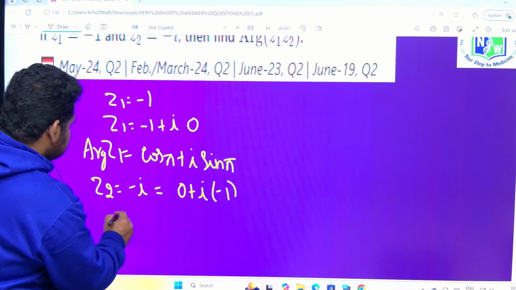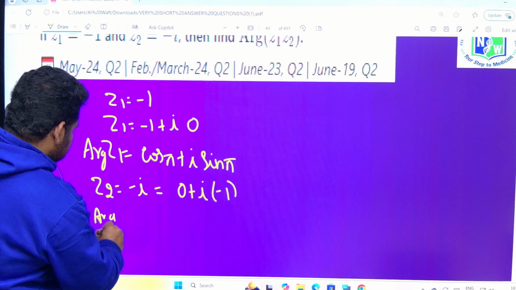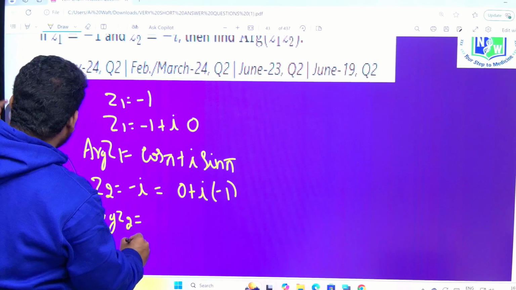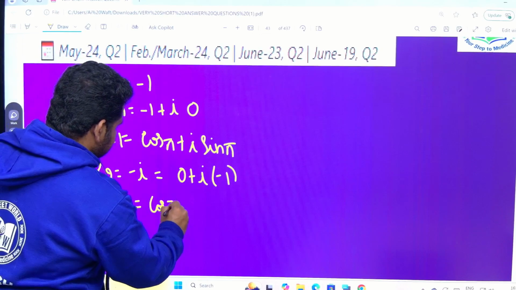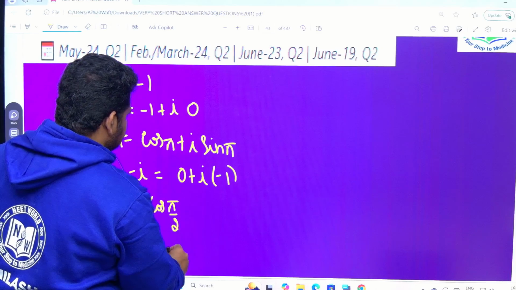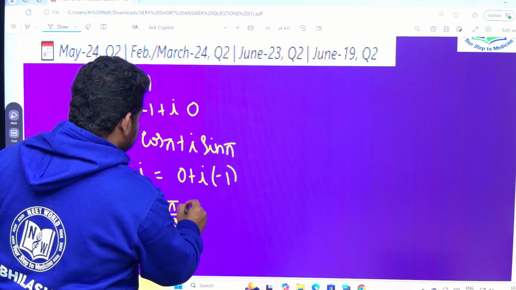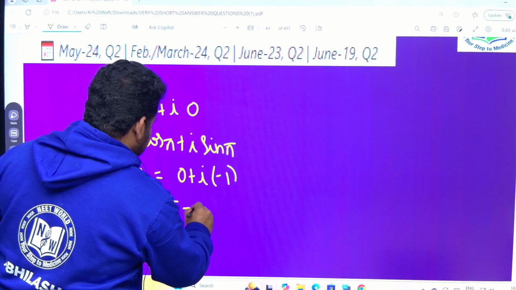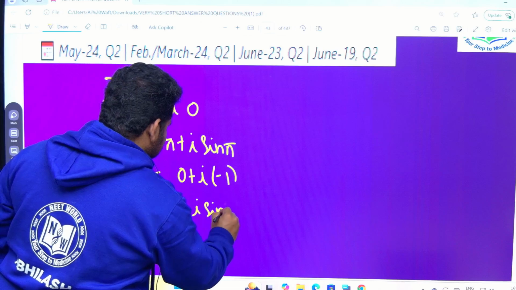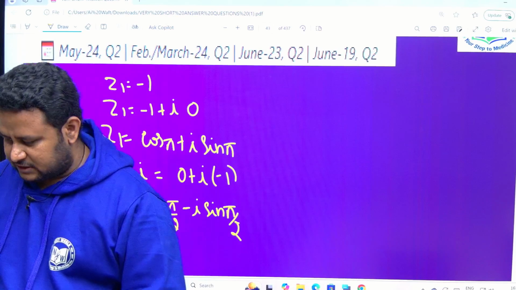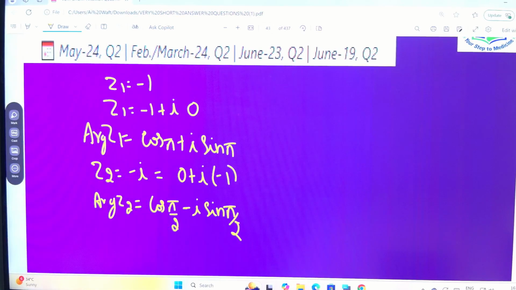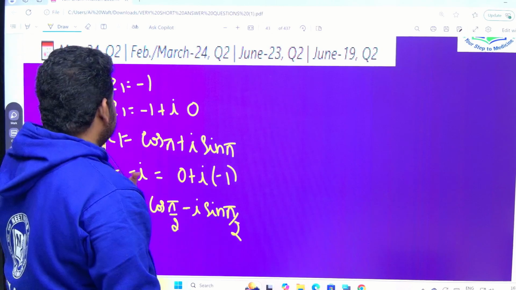So, z2 can be written as cos pi by 2 minus i into sin pi by 2.